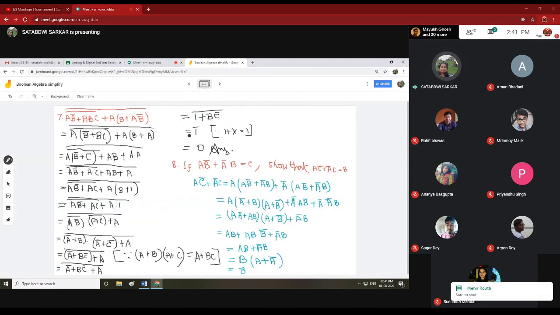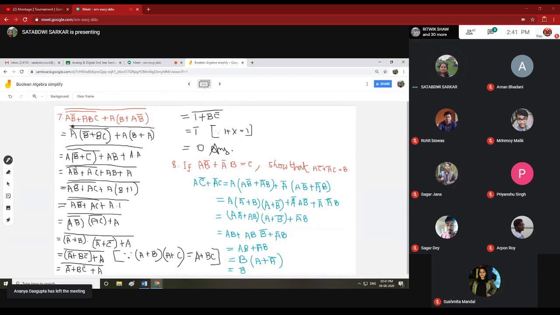So we are going to the next slide. Here, this is a big example. See, this is a big complement of these big terms. A b bar, and here a b c plus a into b plus a b bar. So here we see the complement is same. We are not using the complement yet now.